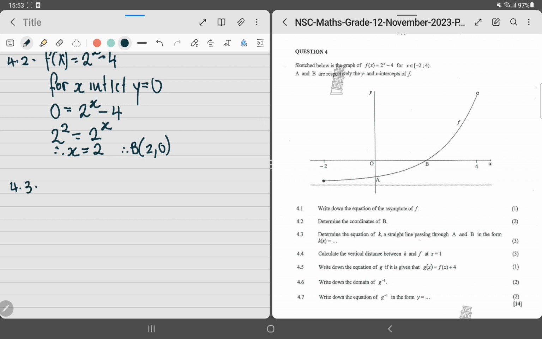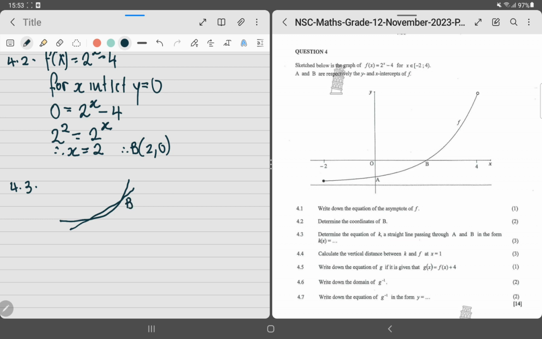Determine the equation of k, the straight line passing through A and B, in that form. Okay, so you have that right there.